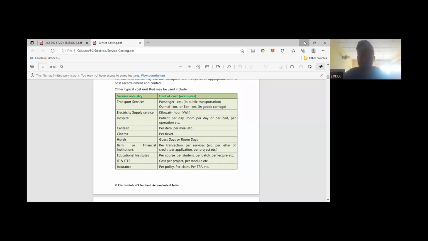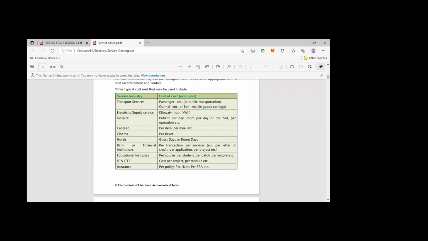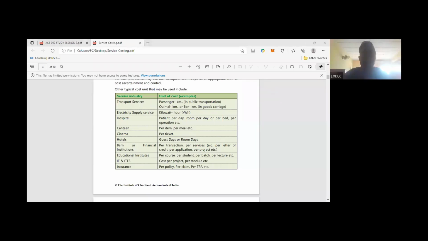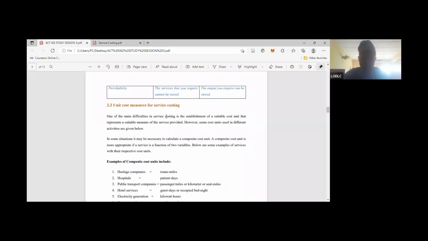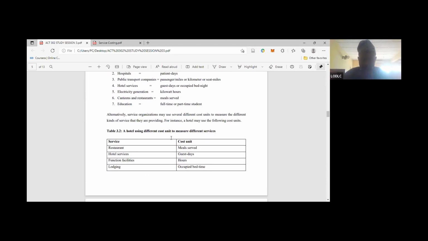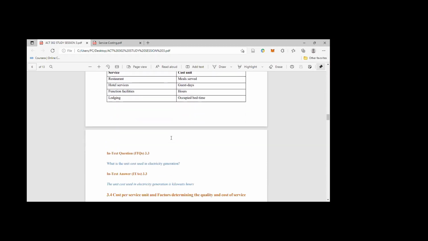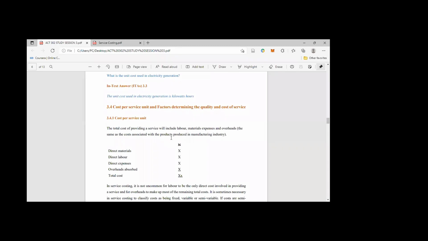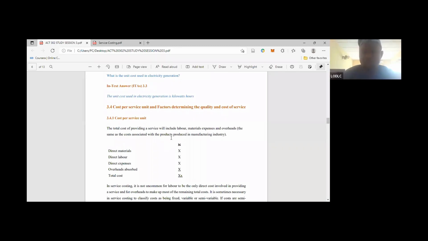Another interesting thing here, if you look at the service industry that we're talking about, is the cost per service unit and the factors that determine the quality and cost of service.